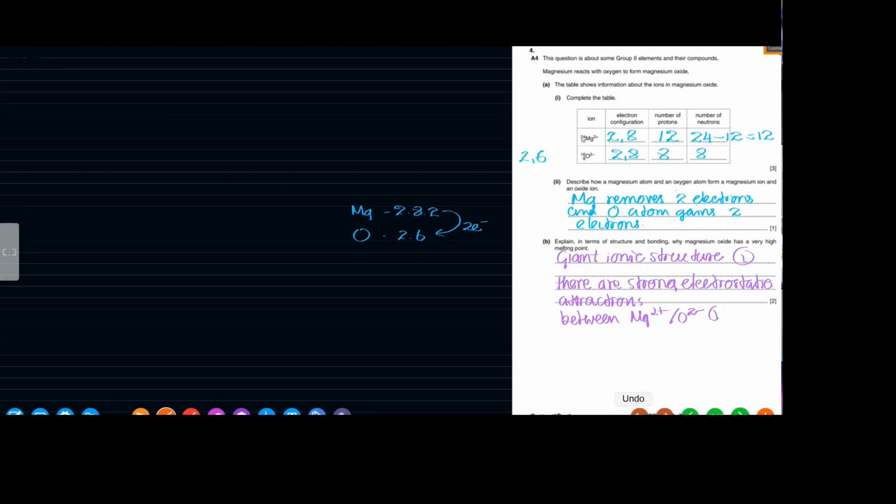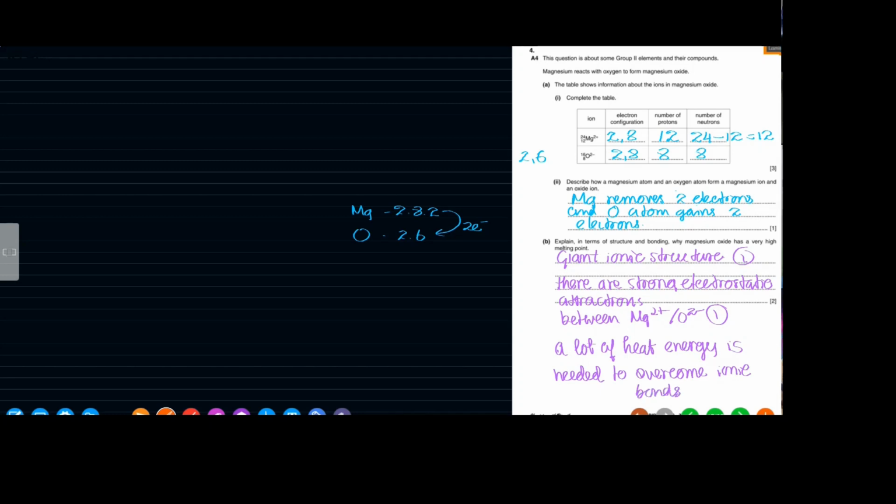But always remember the mark allocated for this: a lot of heat is needed. It doesn't make any sense if you don't mention that the bonds are strong, very strong, right? A lot of heat energy is needed to overcome ionic bonds, strong ionic bonds, right?